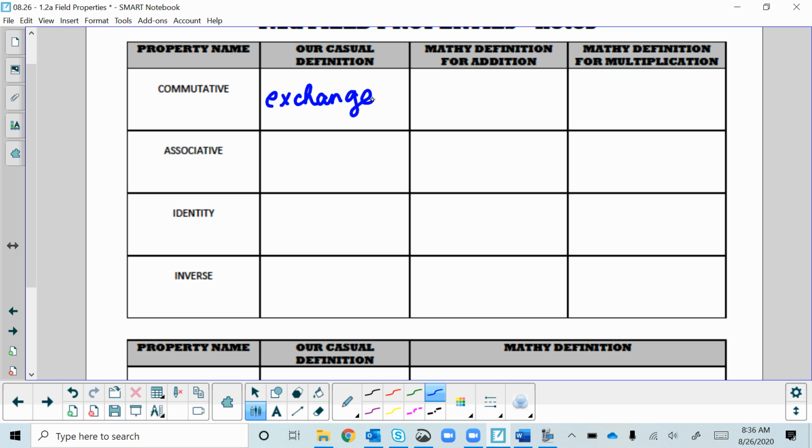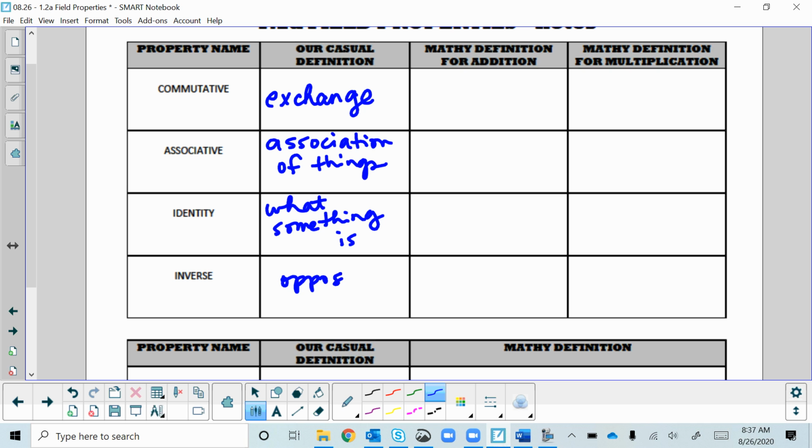Associative, an association of things that are associated together. Identity, that's what something is. And inverse, a casual definition for that is opposite.